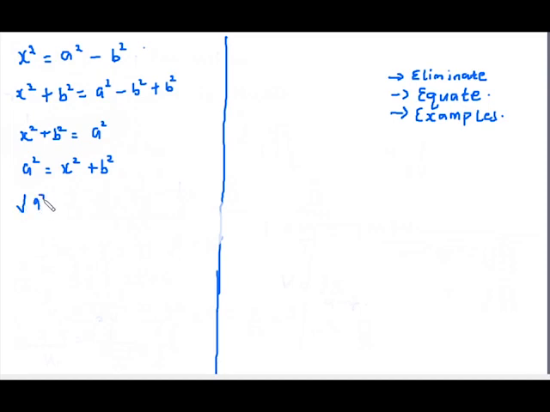So we have the root of a squared, and we have the root of x squared plus b squared, which is equal to a, and the square root of x squared plus b squared. Okay, so that's all. Making a the subject of formula in this equation ultimately delivers this value of a, which is the root of x squared plus b squared.